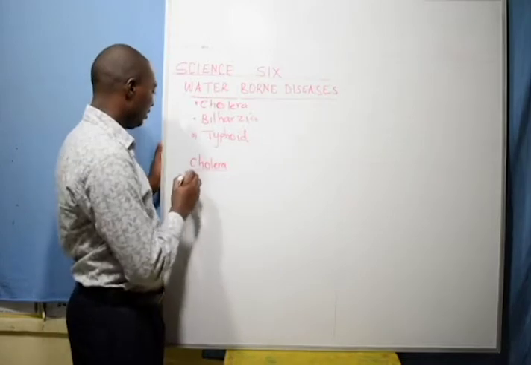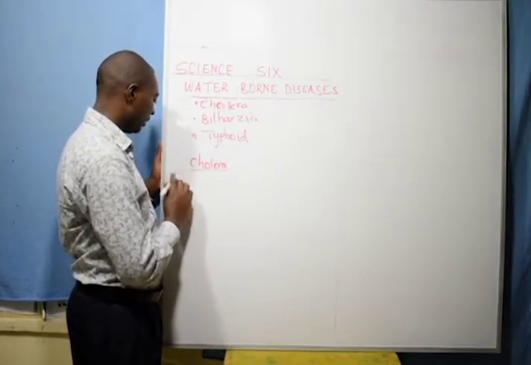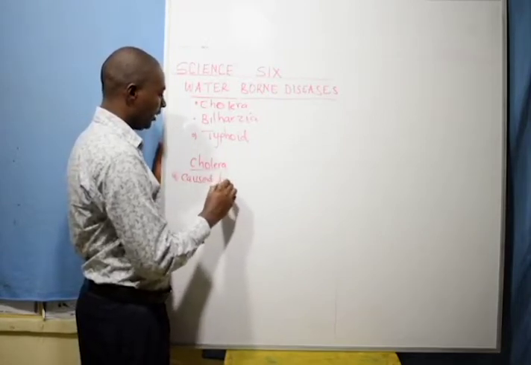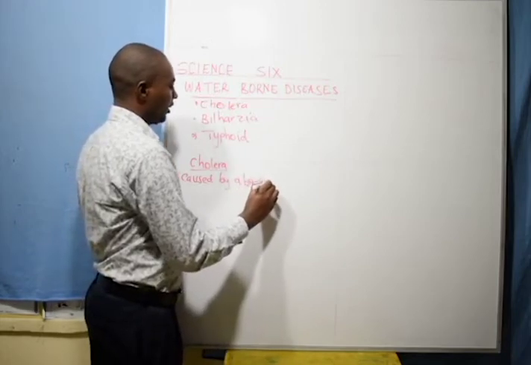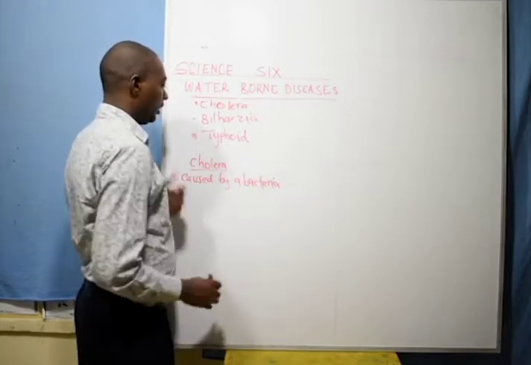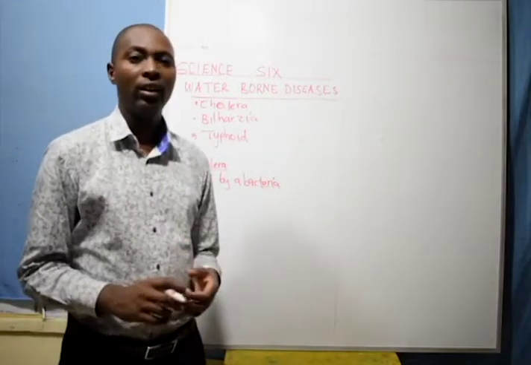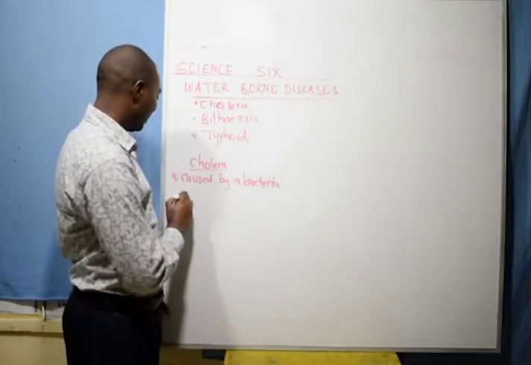This disease is caused by a bacteria, and the bacteria mostly affects the intestine. The bacteria produces toxin in the intestine, causing the following signs and symptoms.